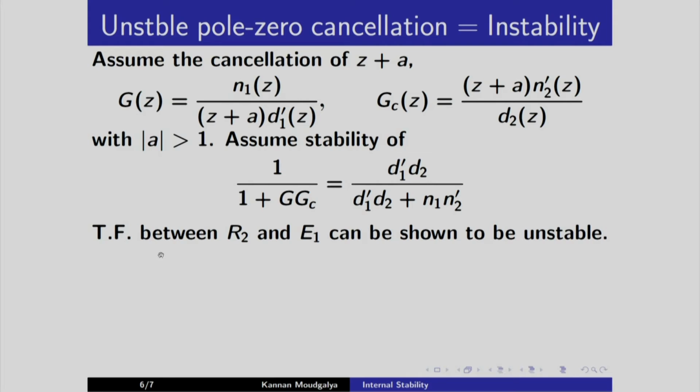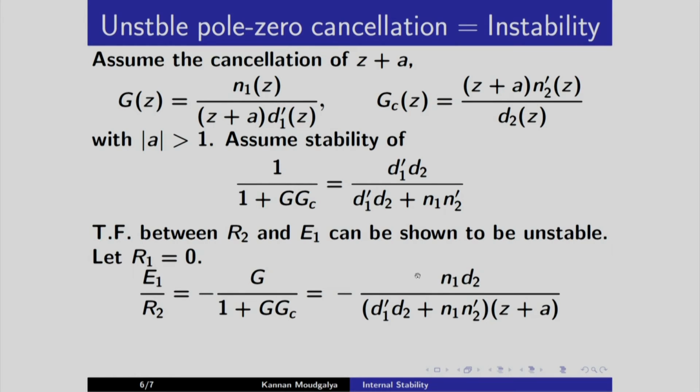But the transfer function between R2 and E1, which is the same as the expression I had in the previous slide, can be shown to be unstable. Let us construct that transfer function. So that is minus G over 1 plus G GC. Let us substitute these two and simplify, and I will get this.